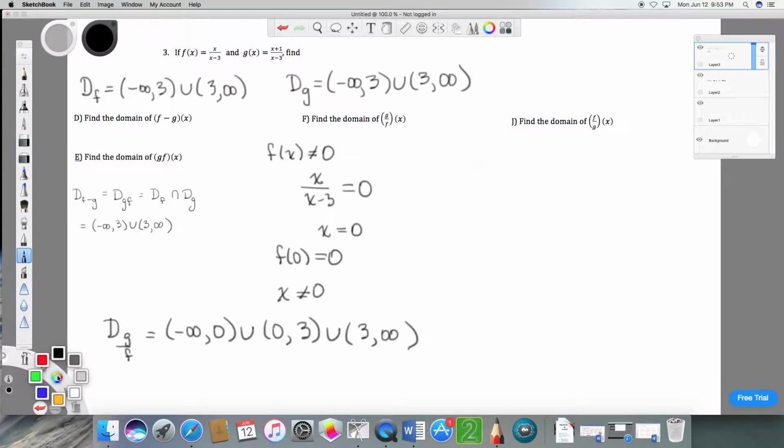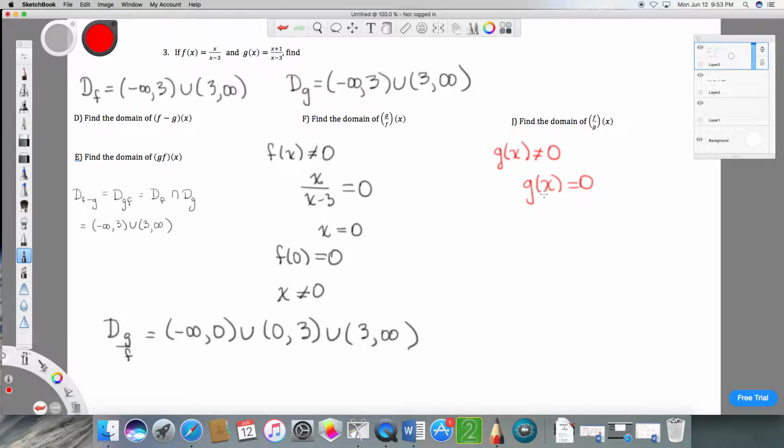What about the domain for f over g? This time, g of x is in the denominator, and we can't have g of x equaling 0. We know the answer for this is going to be the answer that we got in D and E, plus any additional restriction: if there's a solution to the equation g of x equals 0, we're going to have to throw out that value of x.